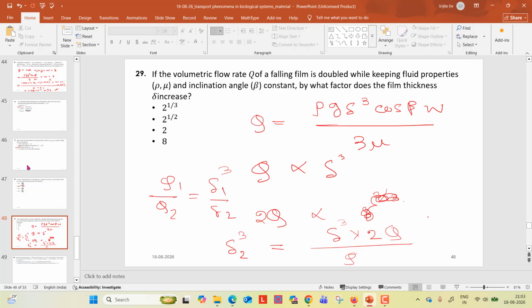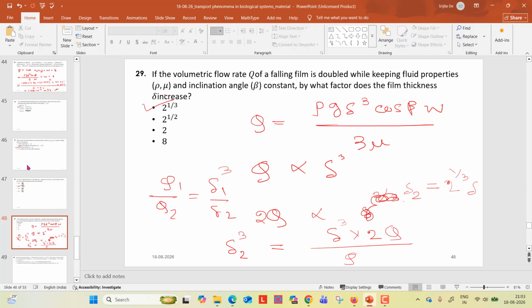So delta 2 will be 2 to the power 1/3 into delta, right? So it will be 2 to the power 1/3 first.